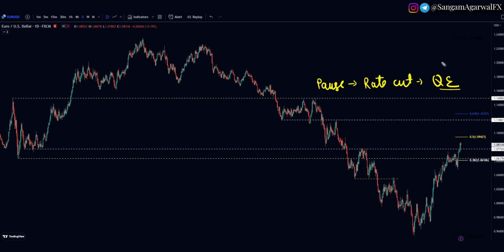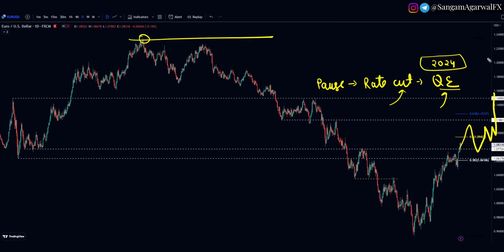And the QE announcement will not happen this year, it will happen before the election, because, beginner trader, we are not talking about next year's election, but you cannot ignore it. And all of these steps coming for the dollar very fast are bearish for the dollar and bullish for Euro USD, and it will go up slowly and it will break this previous high.